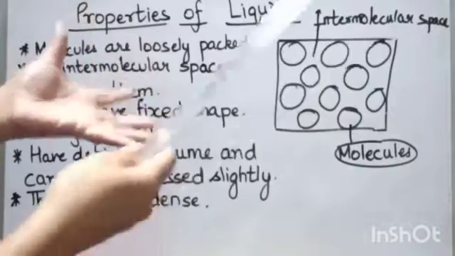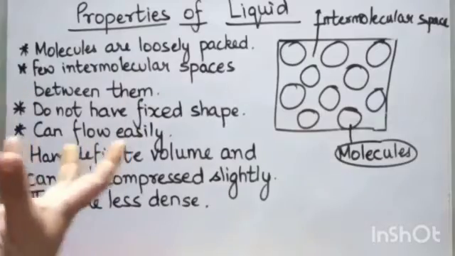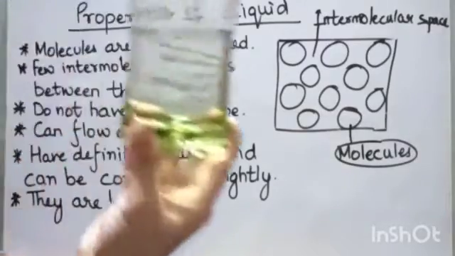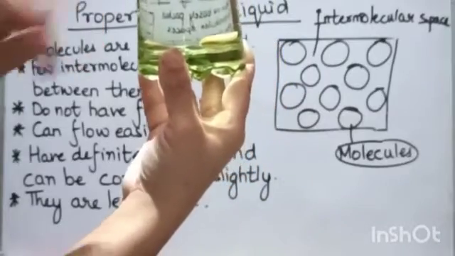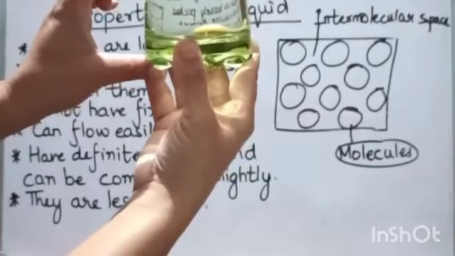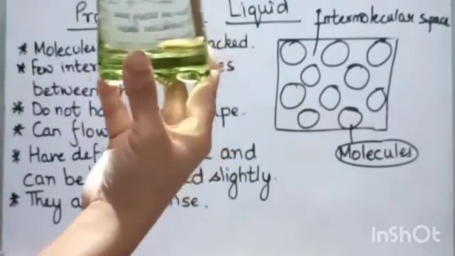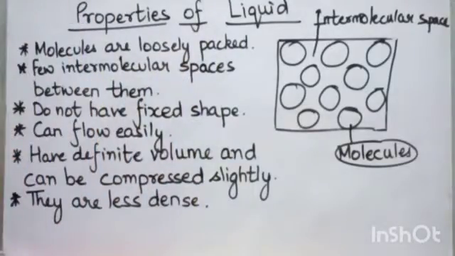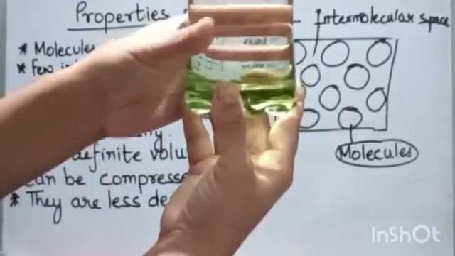Now, they have definite volume. It is because when they are poured in a container, they change their shape and take up the shape of the container. Here you can see this is water and it is occupying the space of the container. So it has got definite volume. Since it is in a glass container, it cannot change its shape.